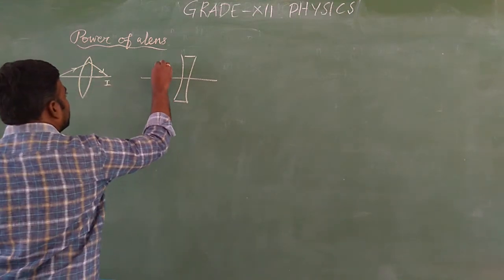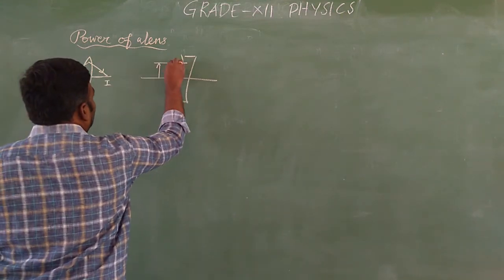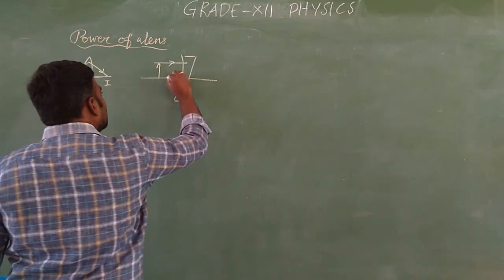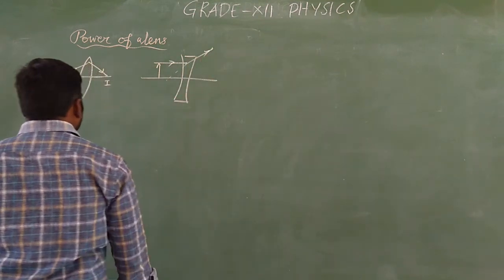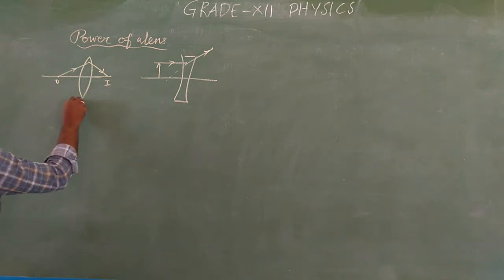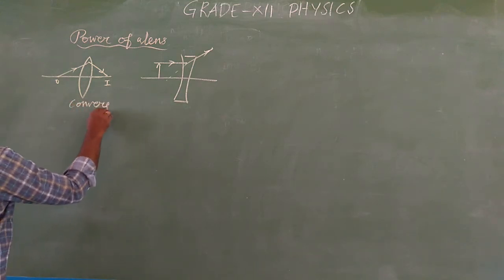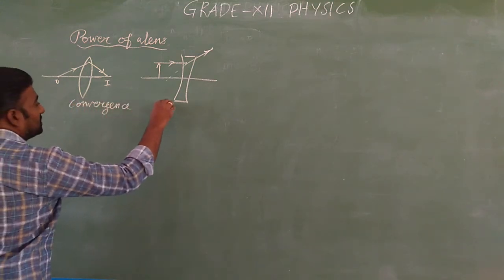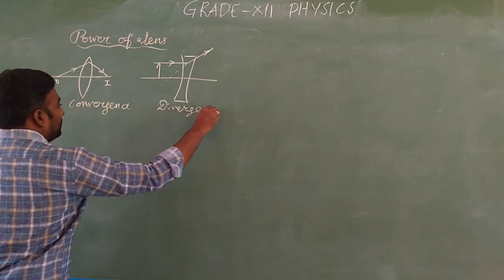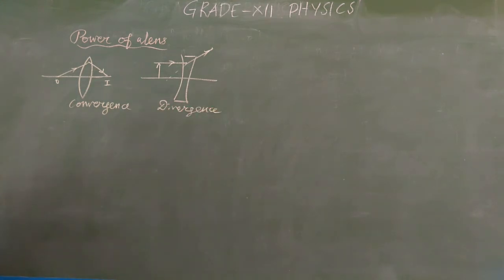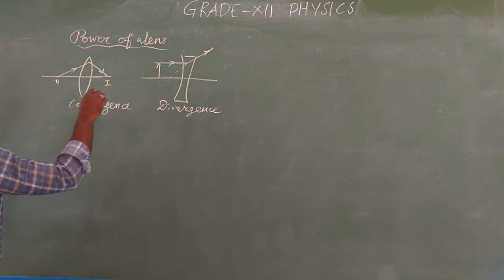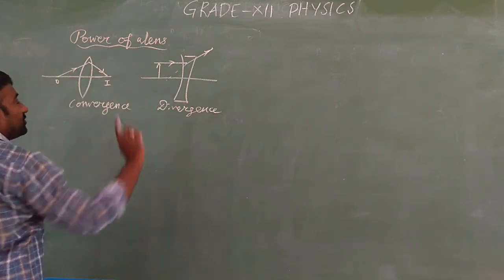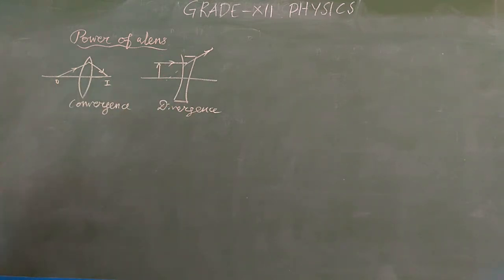But in the case of a concave lens, the light diverges. So the convergence or the divergence produced by the spherical lens depends on its focal length.